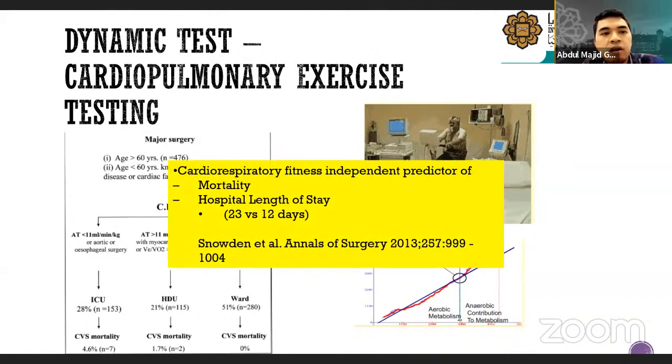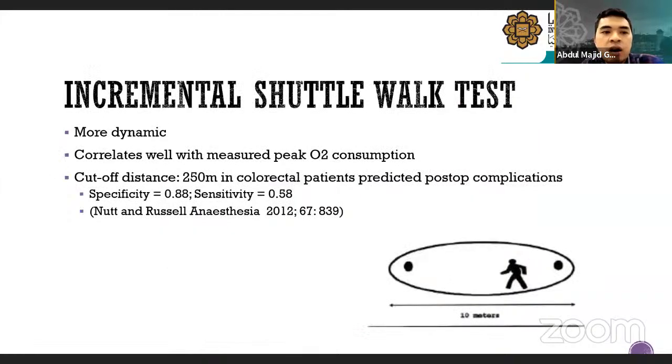So, CPET, or cardiopulmonary exercise testing, independently predicts the mortality of the patient and the length of stay in hospital. However, due to our inability to do the CPET test, we do have a test that is more dynamic and easy to do. This is the incremental shuttle walk test, whereby we put cones 9 meters apart from each other, with 0.5 meter left outside.